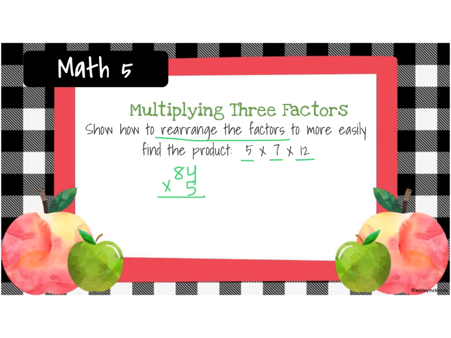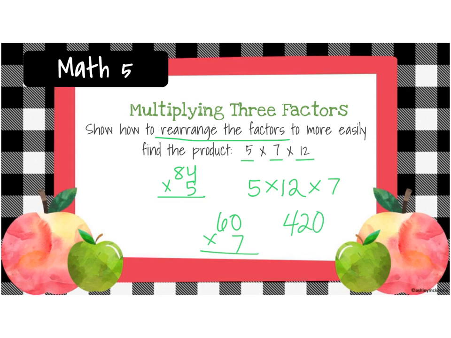These are my factors, so that it is easier to find the product. So if you think about 7 times 12, we know that's 84. Well, what's 5 times 12? 60. Okay, so I think I'm going to start with 5 times 12 first because I know that's 60, and then do 60 times 7, because I know that 6 times 7 is 42, and all I have to do is put the 0 at the end.